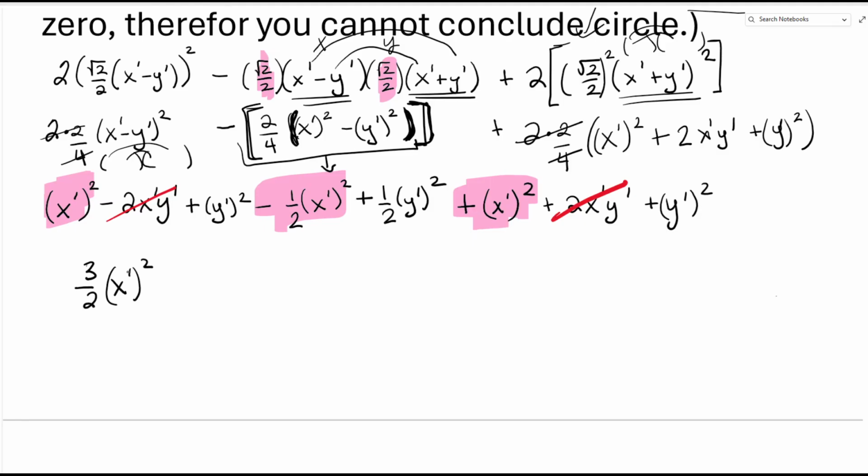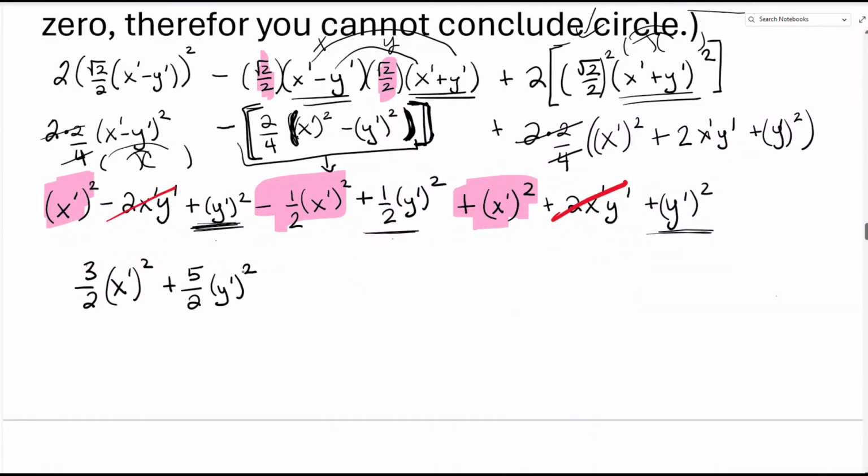Looking at my y prime squareds, I have there, there, and there. Well, this is like 2 halves of them. This is 1/2 of them, another 2 halves of them. So we have 5 halves y prime squared.